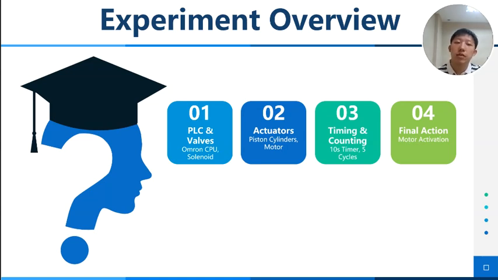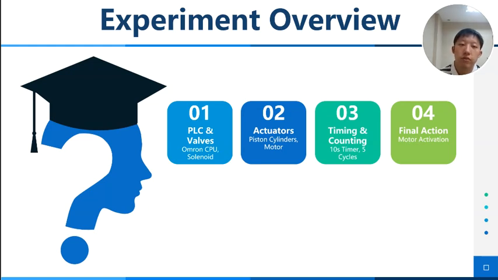The system consists of an Omron PLC as a controller, two piston cylinders for distribution and ejection, solenoid valves, limit switches for piston feedback, and a timer, a counter, and a motor.